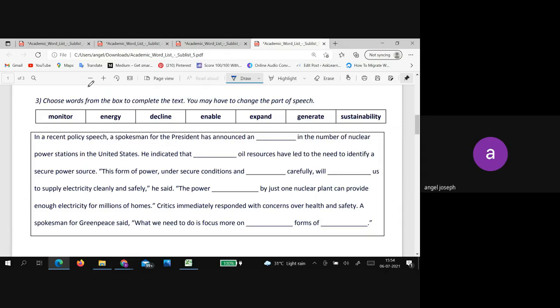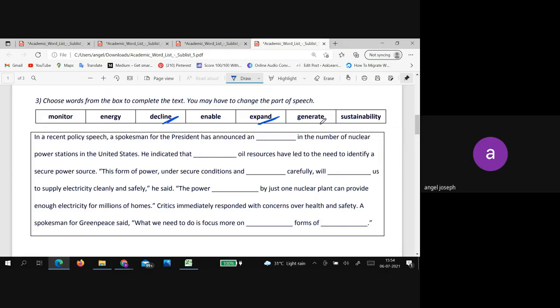Okay, so next is expand. Expand is to increase in value. Expand and decline are opposite to each other. Expand is to increase in value. Decline is to go down in value. What do you mean by generate? Generate is generating employment.